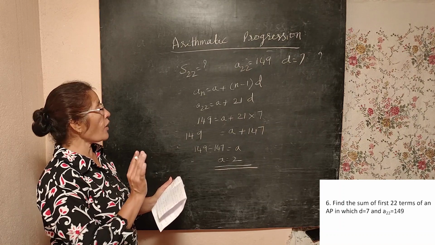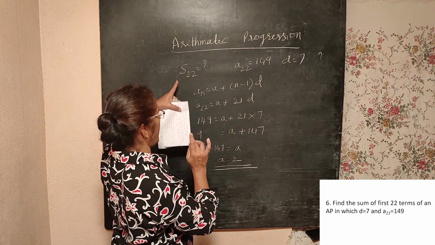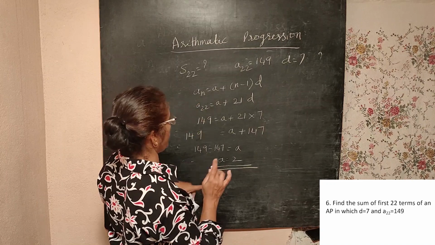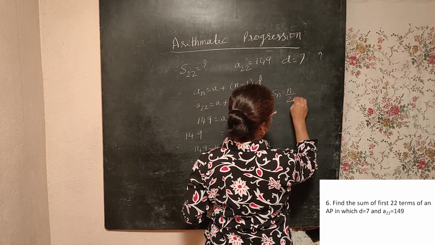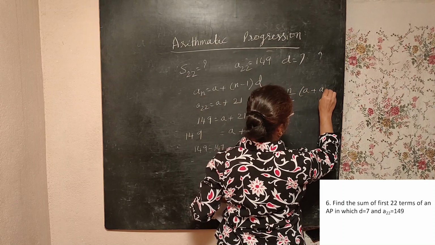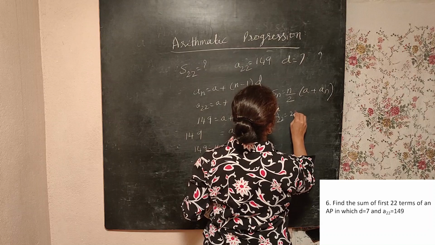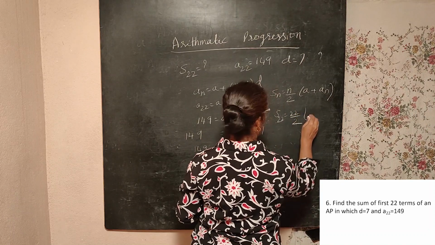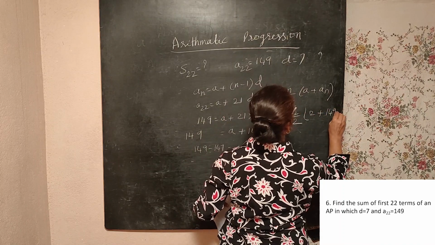Once you know A and D, what are they asked now? What is the sum of the first 22 terms? S22 is equal to how much? A I know, A22 I know, N I know. So Sn is equal to n by 2 into (A plus An), S22 is equal to 22 divided by 2 into (A, which is 2, plus An, which is 149).